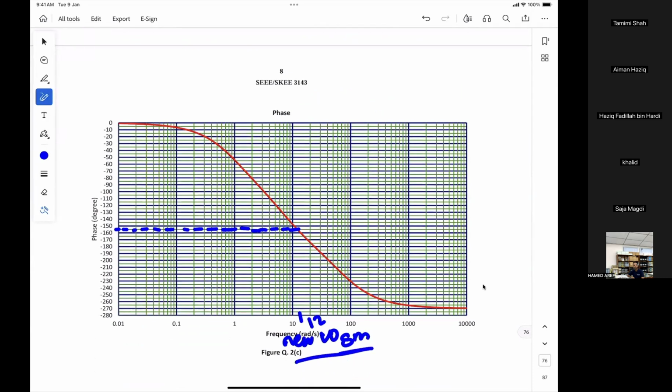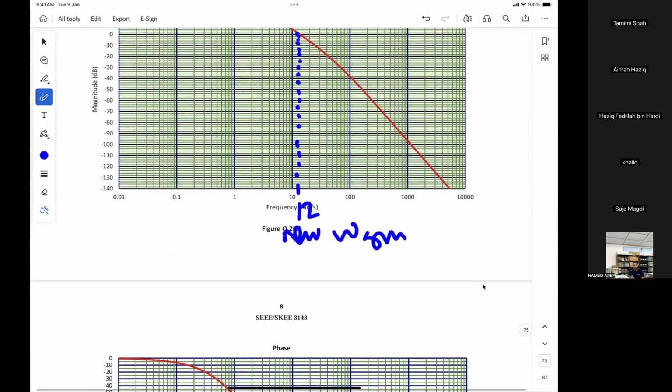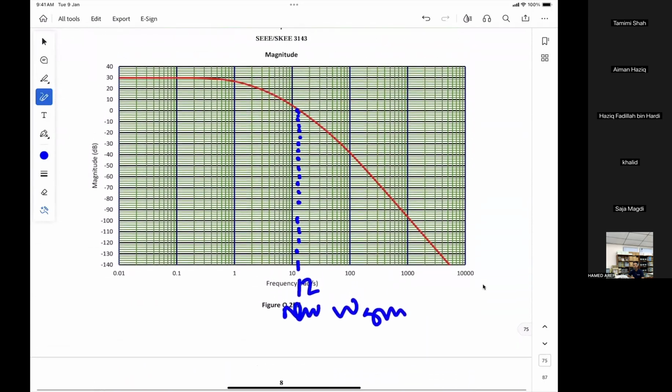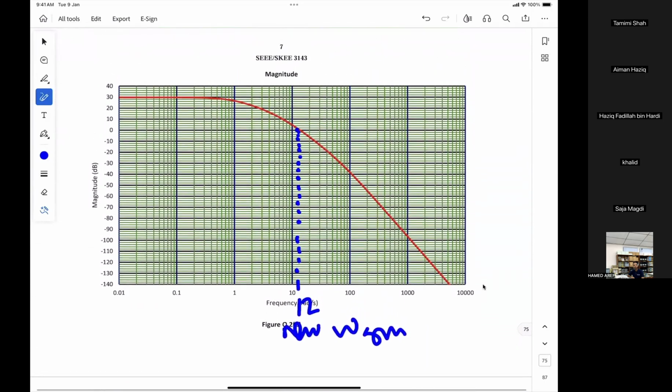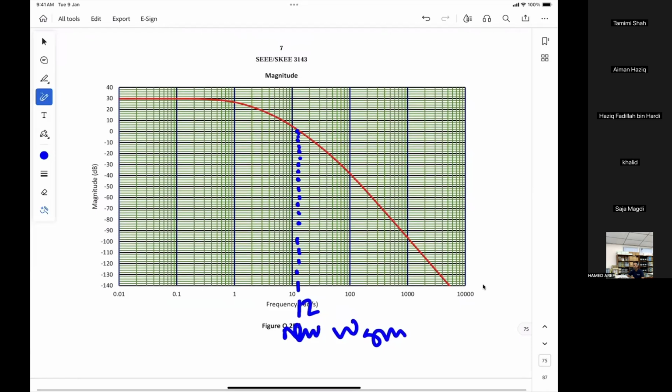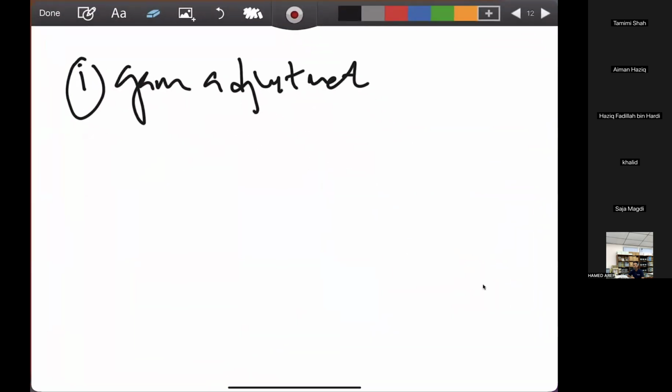So this is the omega GM. So we go up at 12. We got how much? From the graph I got like 4 dB. Okay, 4 dB. All right.